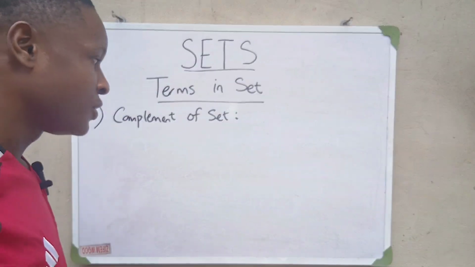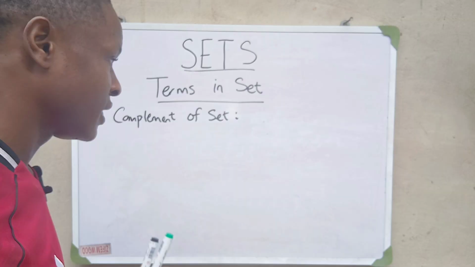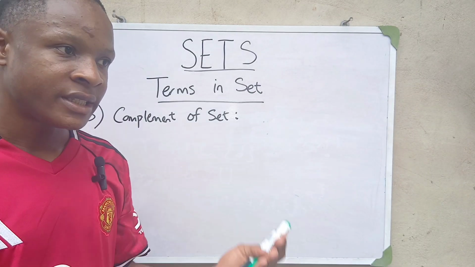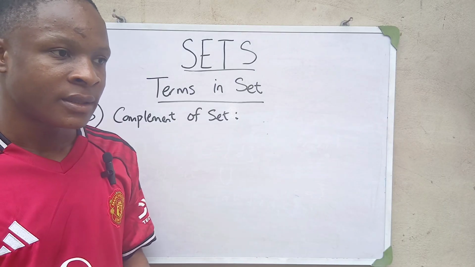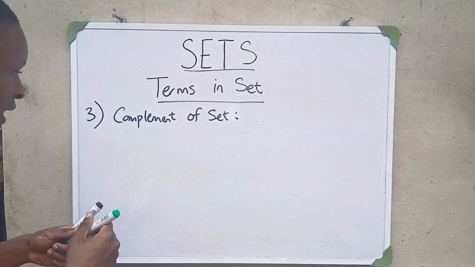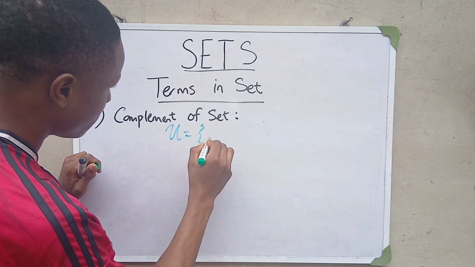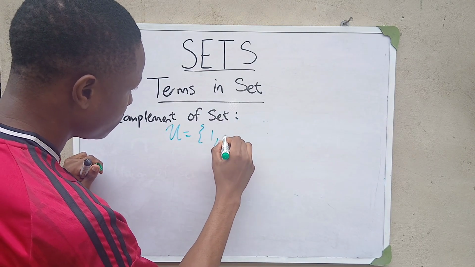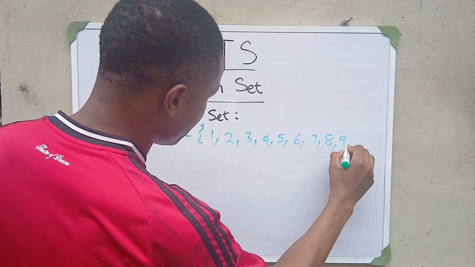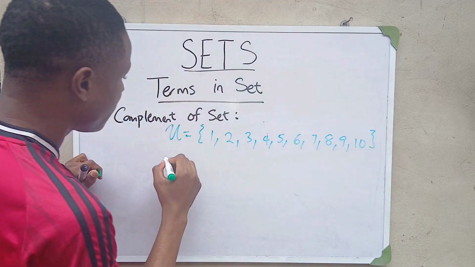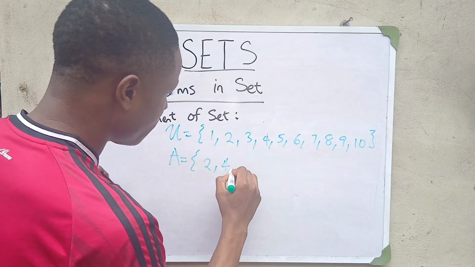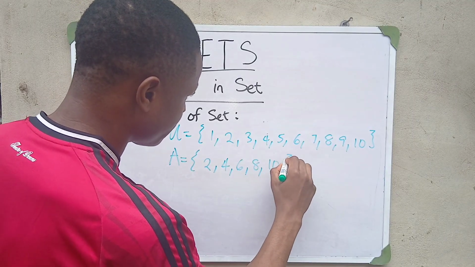Another term that we need to know when we are solving sets is called the complement of a set. The complement of a set is the set of elements that are not in that set but are in the universal set. So let's say the universal set contains elements 1, 2, 3, 4, 5, 6, 7, 8, 9, 10, and set A contains elements 2, 4, 6, 8, 10.